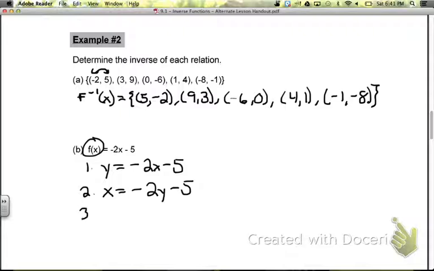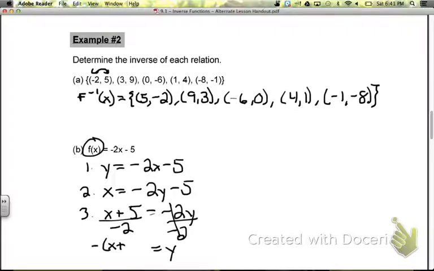Now in step 3, we want to solve for our y. We're going to bring over this negative 5, so we have x plus 5 equals negative 2y. To get y by itself, divide both sides by negative 2. These are going to cancel out, so we have y equals, I'm going to bring the negative to our numerator, keeping the brackets around our x plus 5, all over 2.